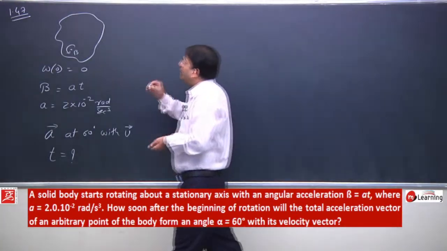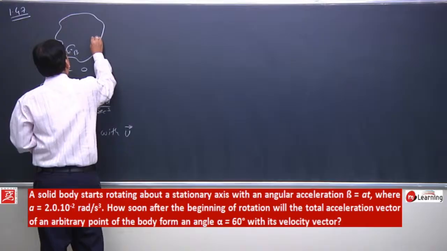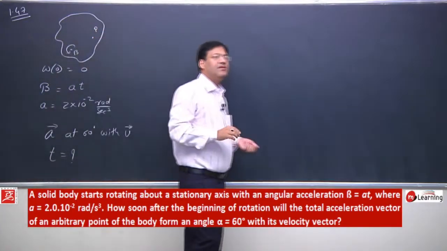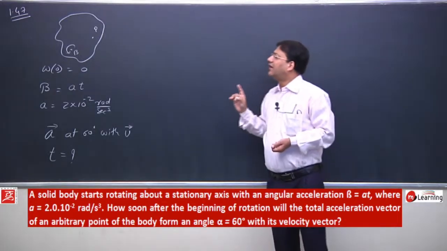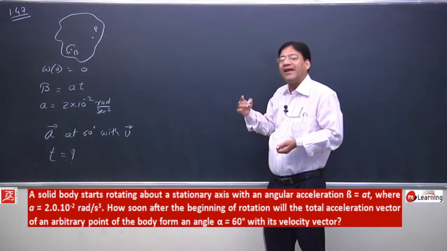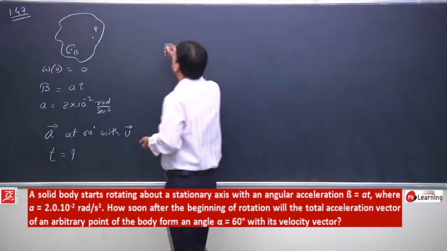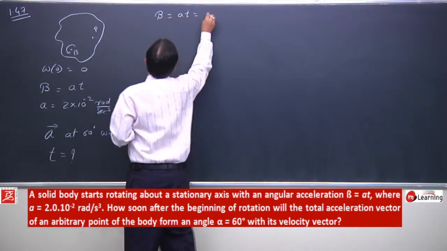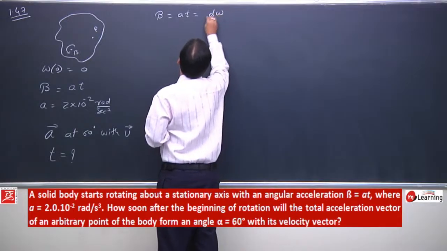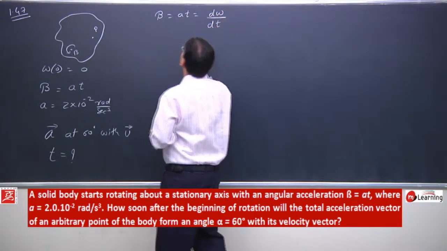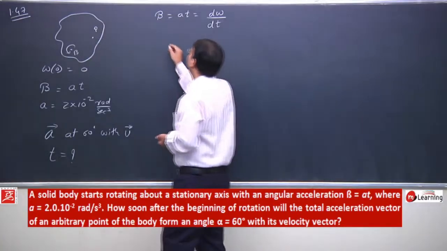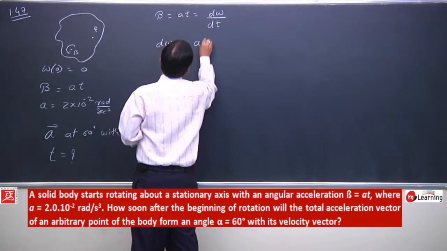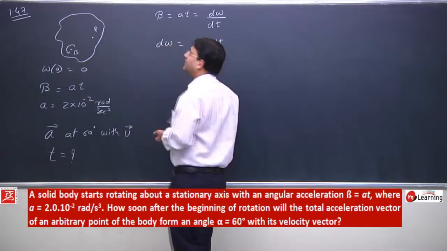Now, this is any arbitrary point at any instant. First of all, after some time, what would be its angular velocity? Beta, which is equal to a t, is d omega by dt. This is the rate of change of angular velocity. Hence, d omega is a t dt.